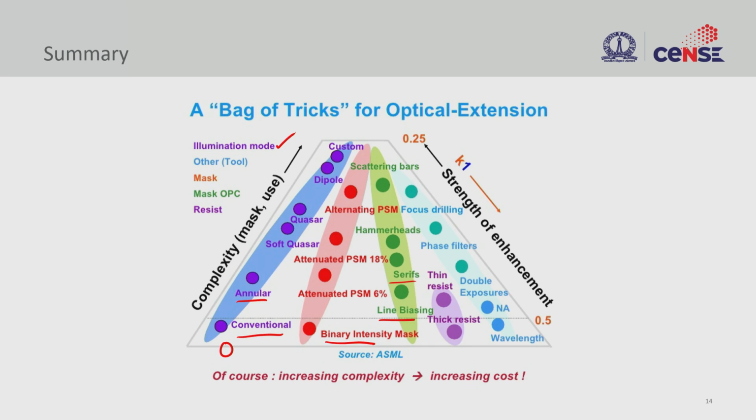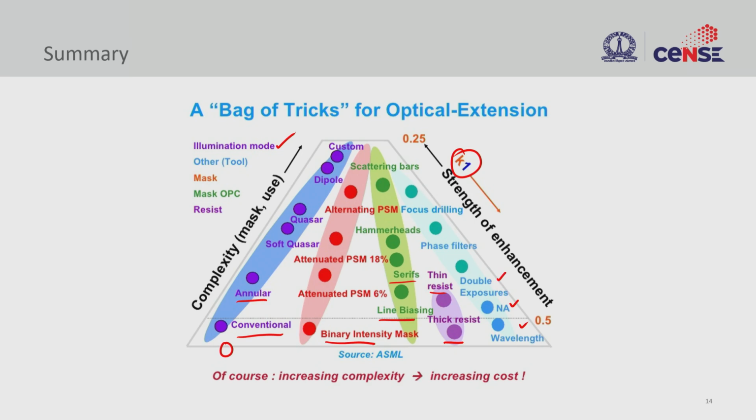So we saw in mask development how to improve the resolution by adding assist features and so on. You can go for thinner resist as well, that should yield better resolution, and overall improvement in K, right. So that's what one can also look at, where you use wavelength or NA, double exposure. So all those things can be used to improve.